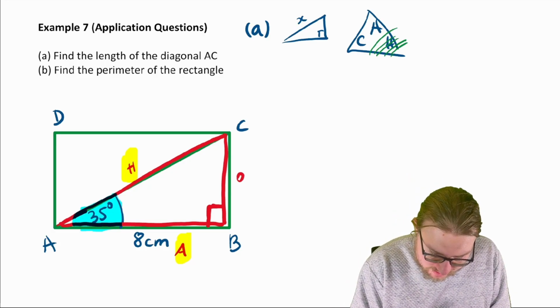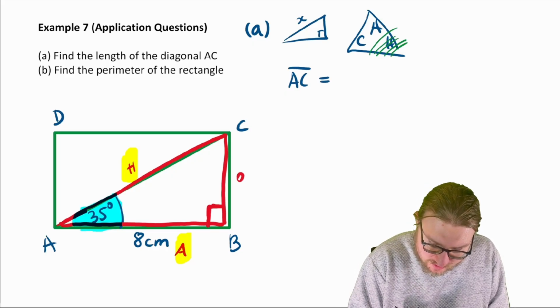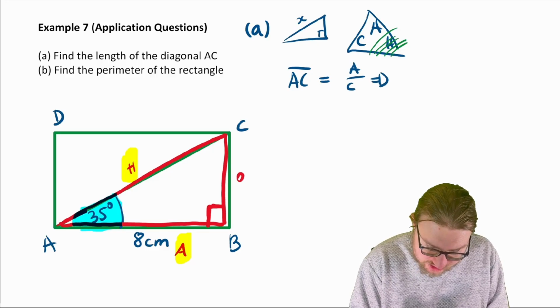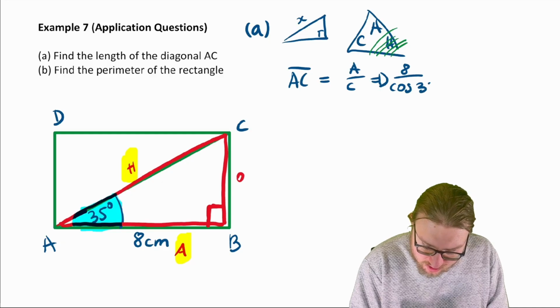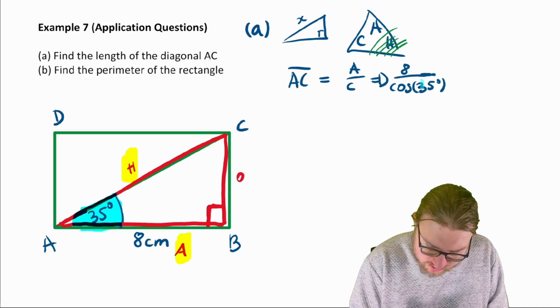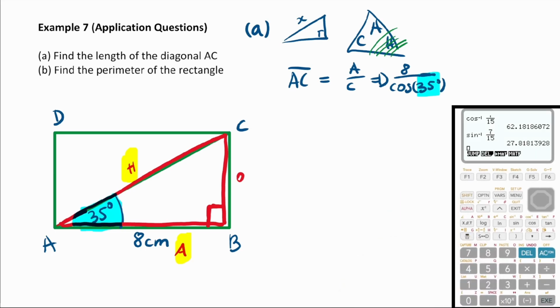So we're going to get that AC, which is of course the length from one side to the other, is equal to A divided by C. So that means we have the adjacent, which is 8, divided by C, that is the cosine of our angle of choice. Okay, wonderful. So this is the angle. Let's put this into the calculator and see what we get.